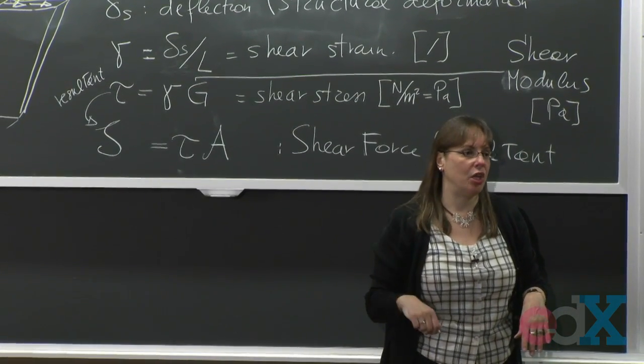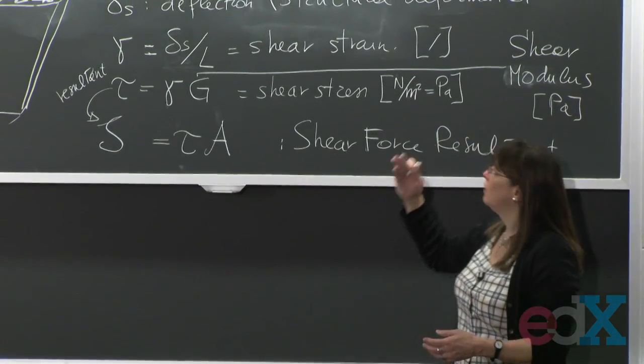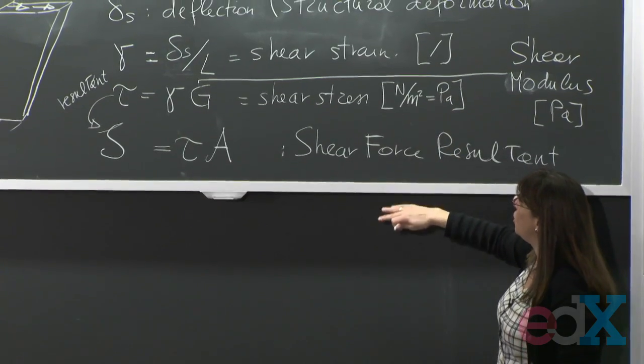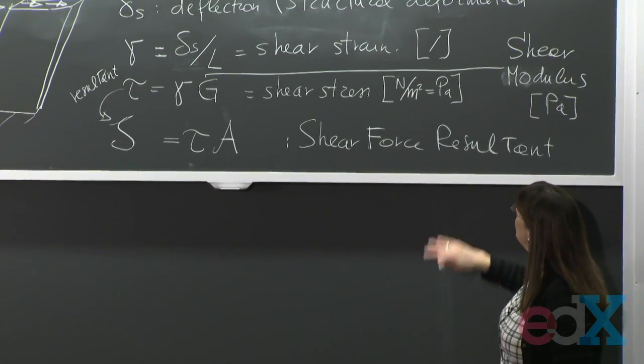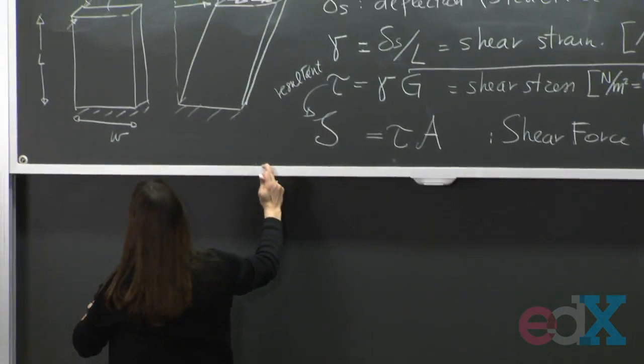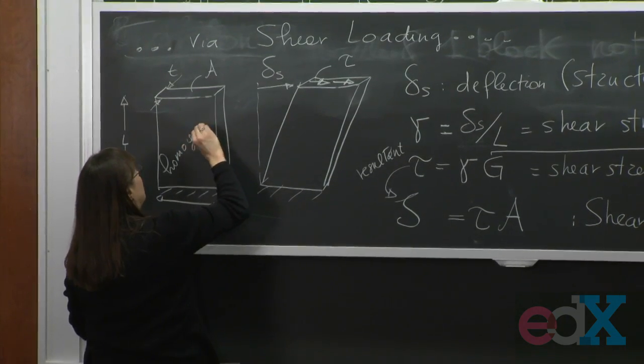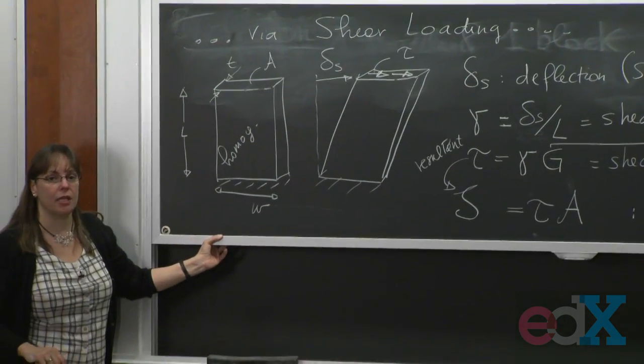We have no imagination. We are engineers. We just go along. If that's the shear strain, this is the shear stress, this is going to be our shear force resultant. And in this case, where again everything is homogeneous, then it's as simple as that.